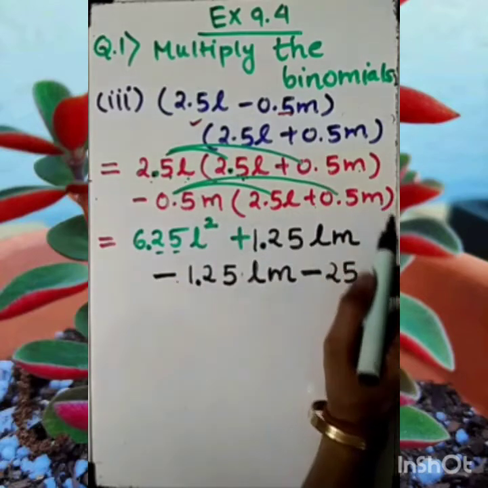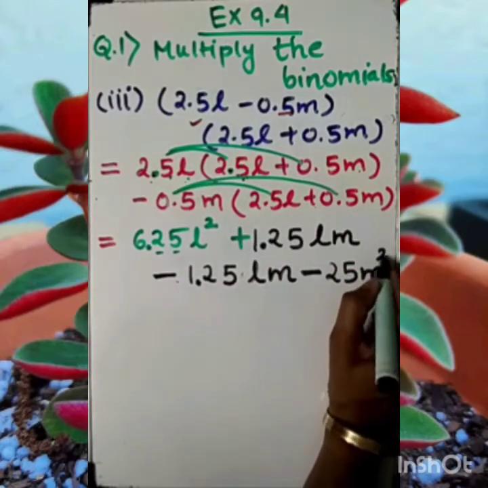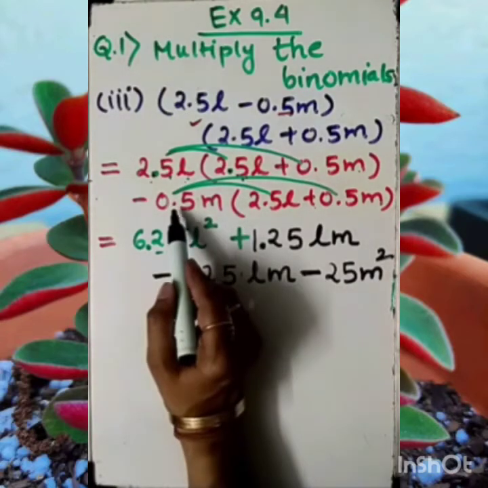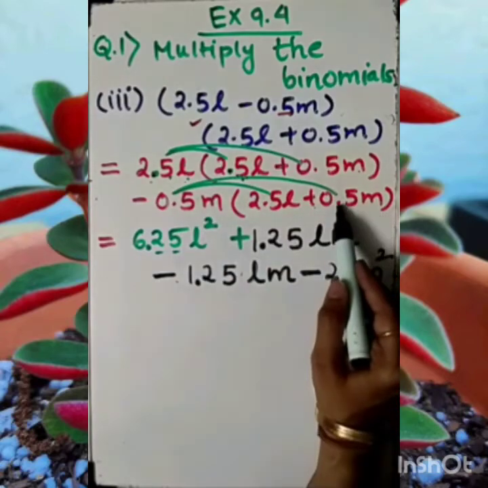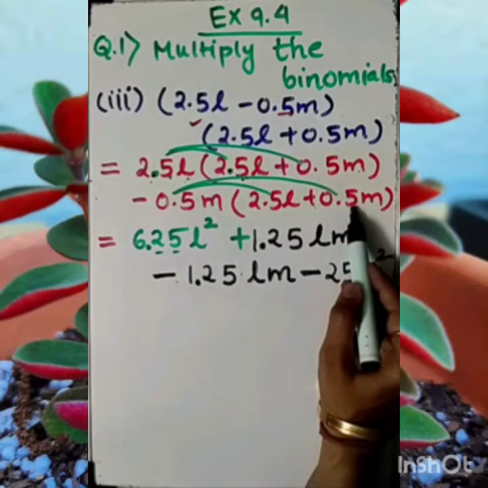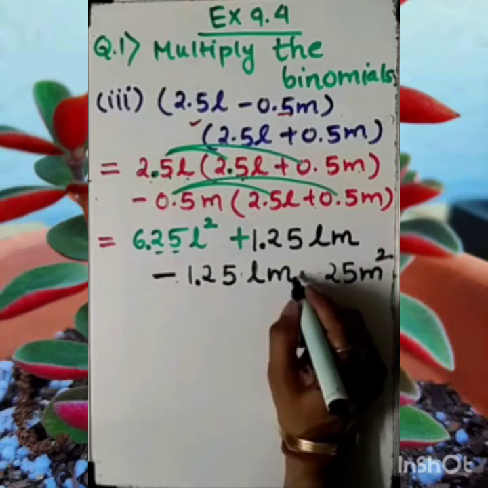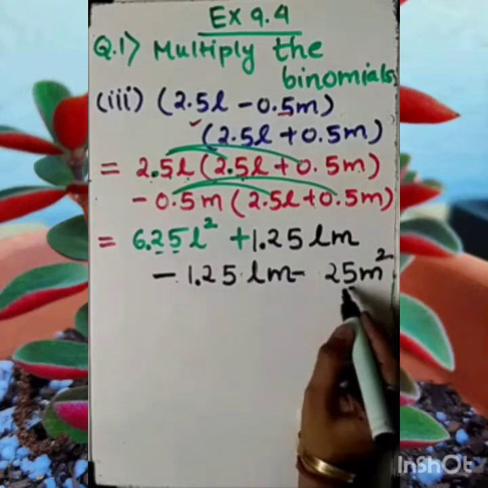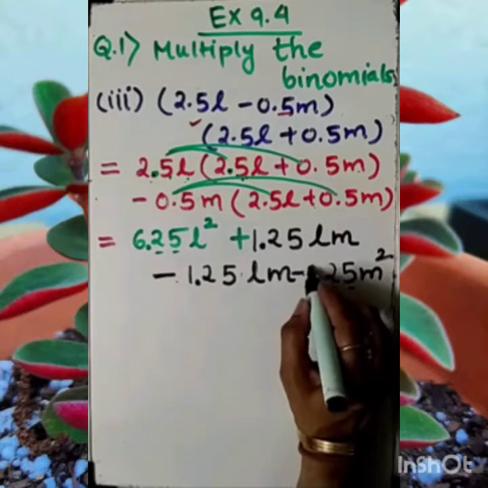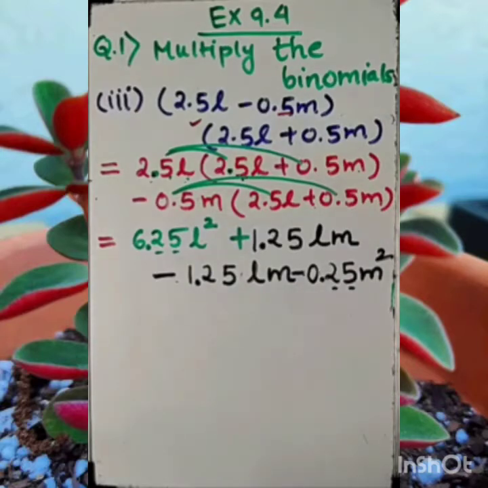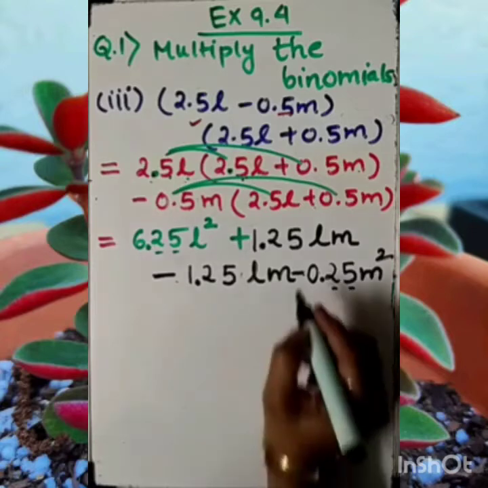M into M will give the result M square. But how to decide the decimal? Okay, where to keep the decimal? As we know here one digit, here also one digit after decimal, so total two digits we need to shift. If it shifts two digits, then one is here, two is already here. So I need to write the decimal here, after 0.25 M square.